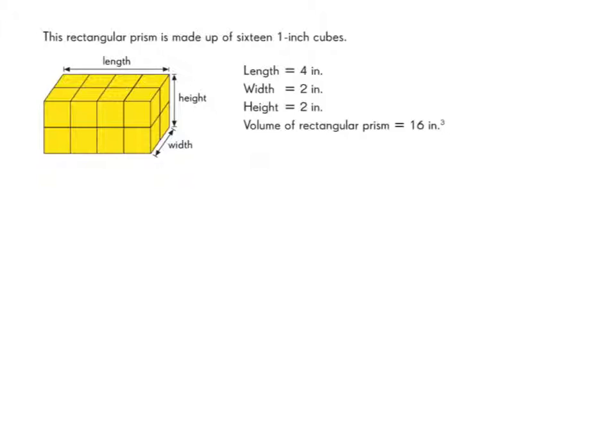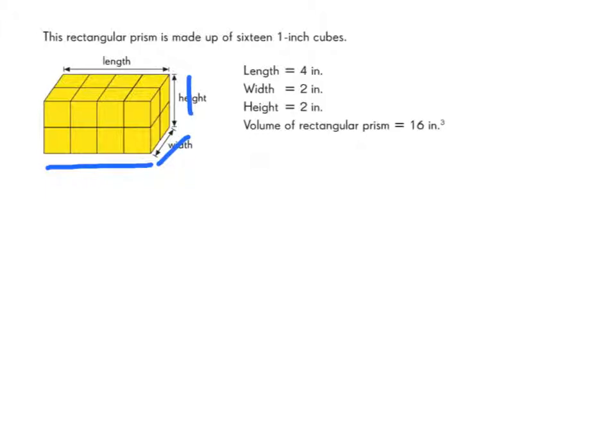Cube units can be used in this way to calculate the volume of a rectangular prism. This prism is made up of 16 1-inch cubes. There are 4 cubes that measure the length, 2 along the width, and 2 in the height.